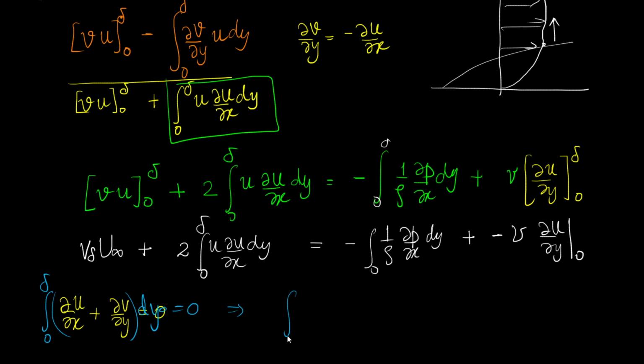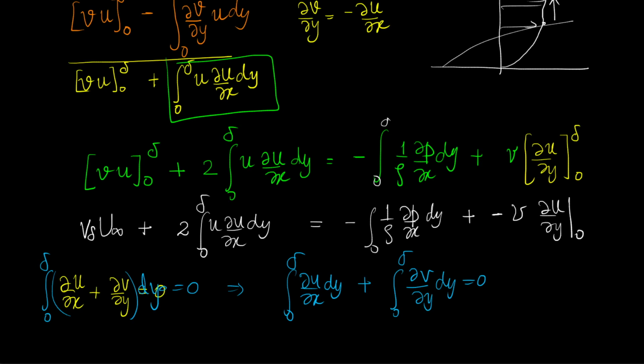This implies integral 0 to delta del u del x dy plus integral 0 to delta del v del y dy is equal to 0. The second term is simply v at delta minus v at 0, and v at 0 is equal to 0. So this term vanishes.